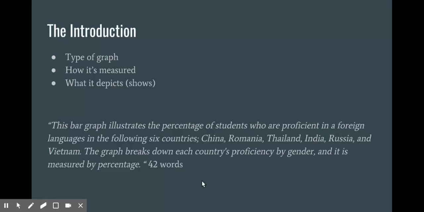And that means the remainder, the rest of the words, somewhere around 100, are going to go in between your two body paragraphs. So your body paragraphs will probably be somewhere between 50 and 60 words, at least. They can be longer. Longer is fine. You just don't want to take up too much time because remember, you only have about 20 minutes to write this. That's why you want to practice.